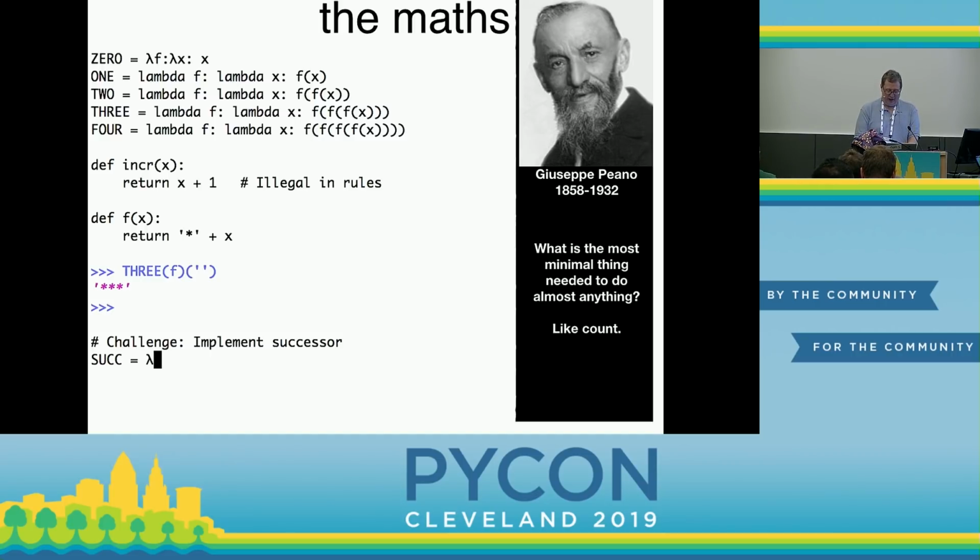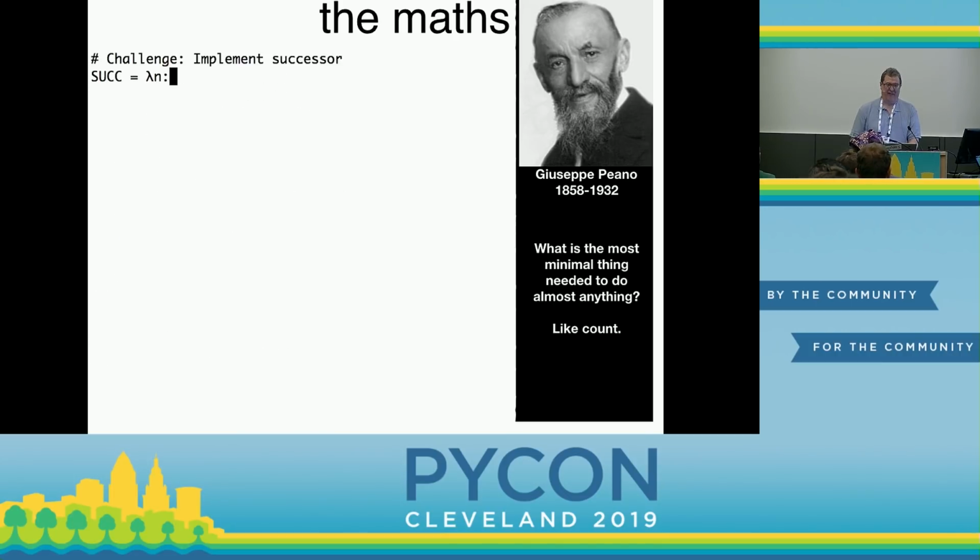As input, it is going to take a number. You're going to have to mentally translate my lambda character into Python. It looks like that. Everywhere you see the lambda character, you're going to type lambda. And the question is, what are we going to do here?